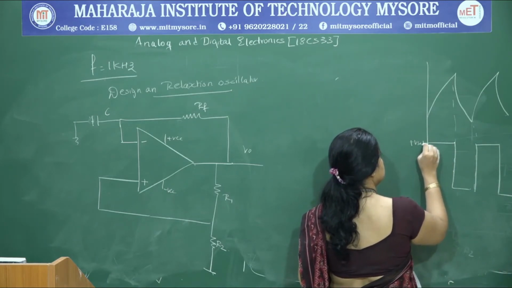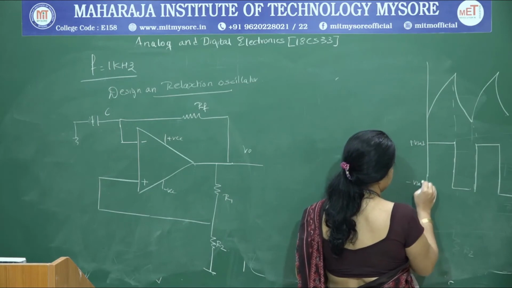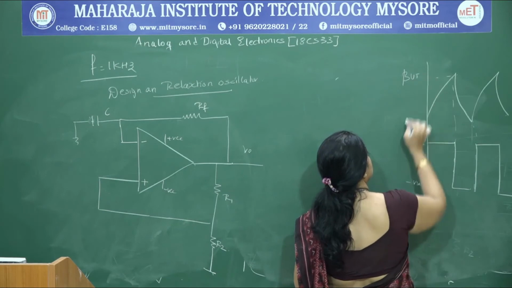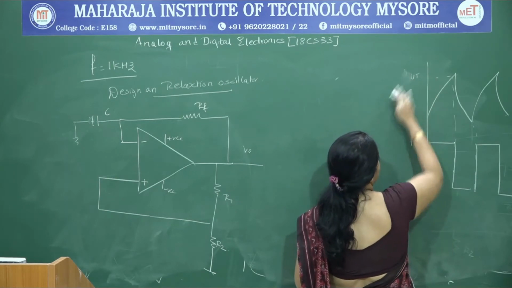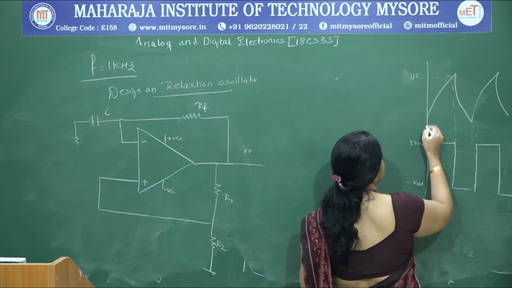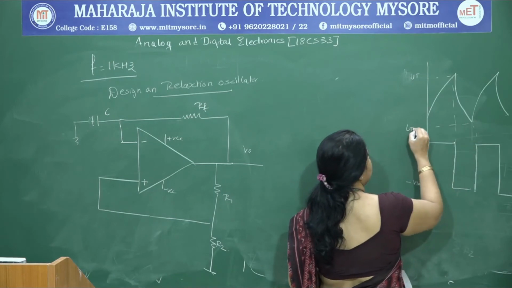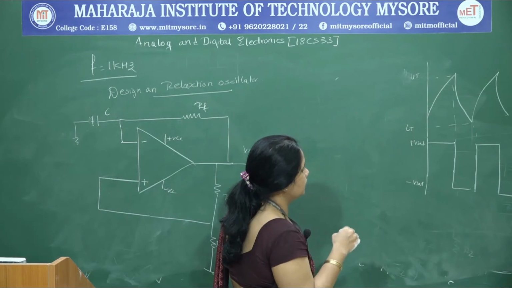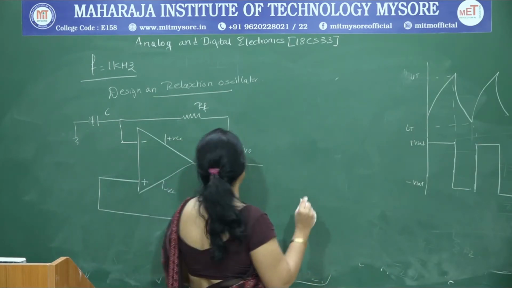This is plus V sat and minus V sat. This is the upper threshold point, that is V sat into beta, and this is the lower threshold point, that is minus beta into V sat. So, this is what is expected.